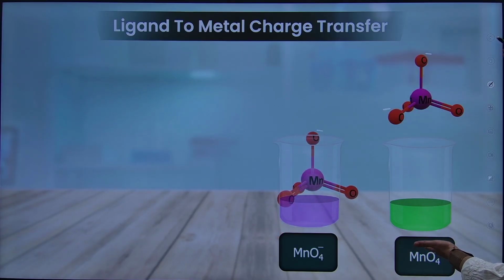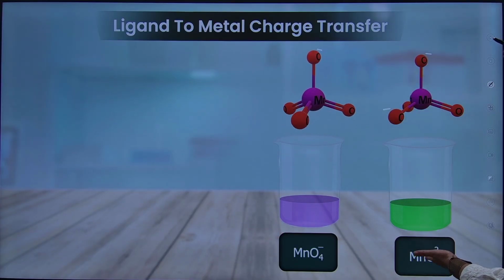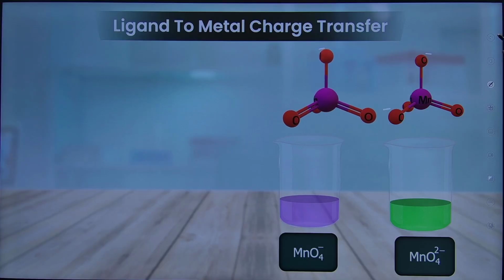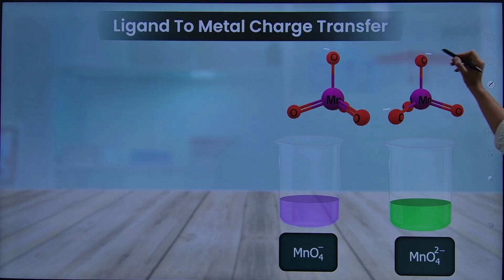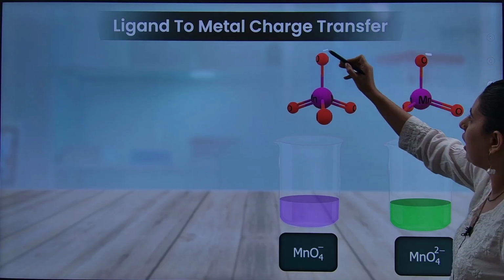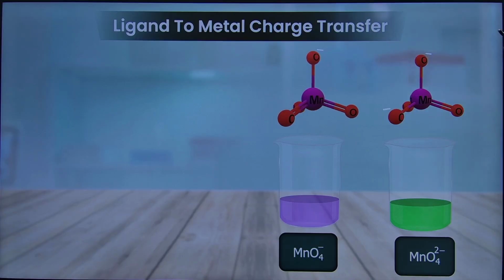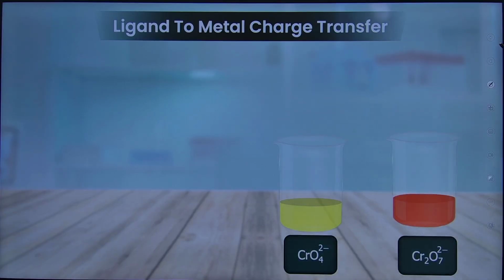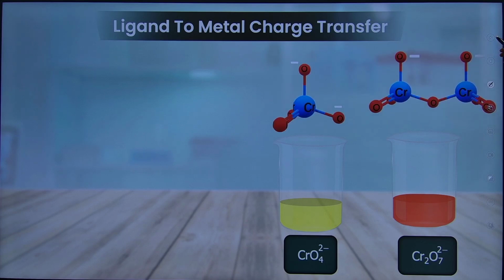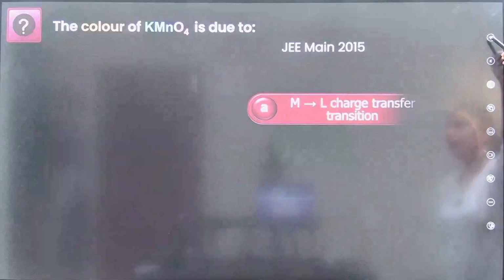The colors are also important. The reason is ligand to metal charge transfer. These minus charges that you see out here are transferring the charge responsible for the color. So is the case with potassium dichromate and potassium chromate. The reason for the color is the ligand to metal charge transfer.